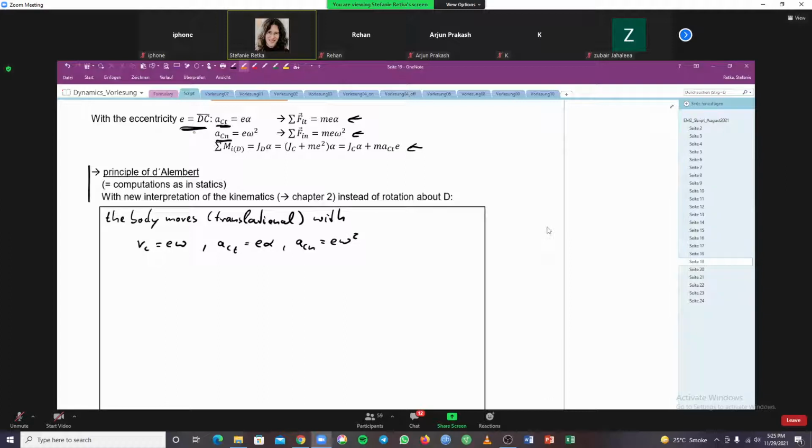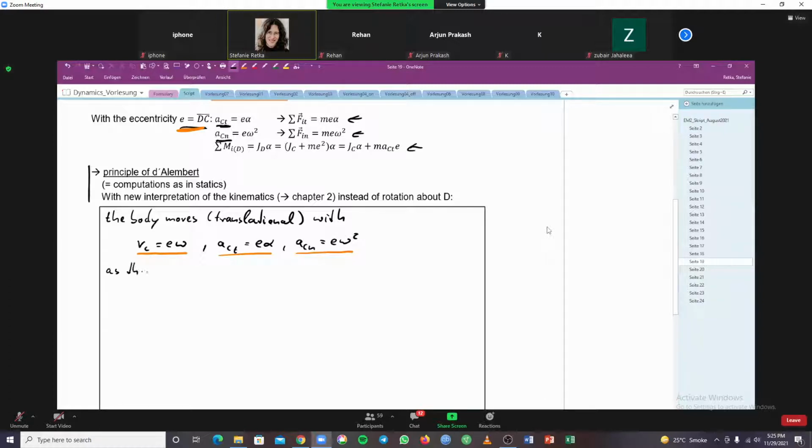E as stated above, the distance to our axis of rotation. So now our body moves translational with these variables at the center of gravity of the body.